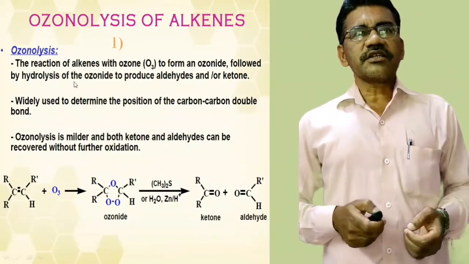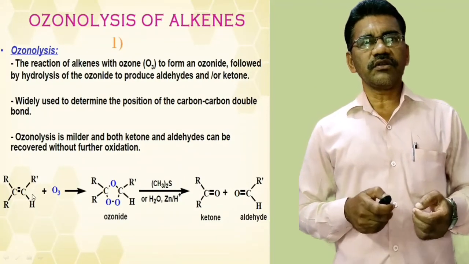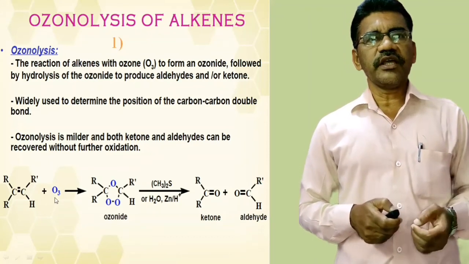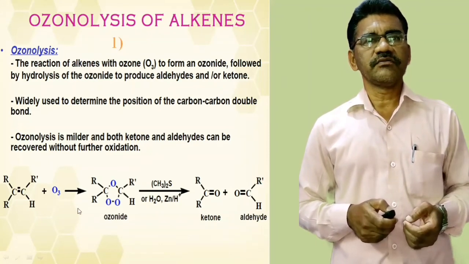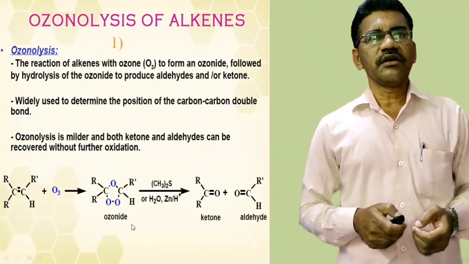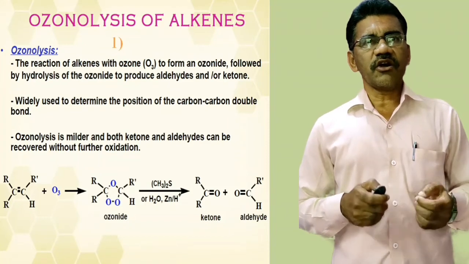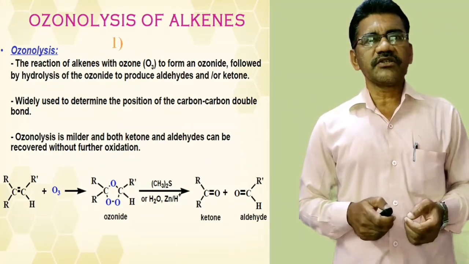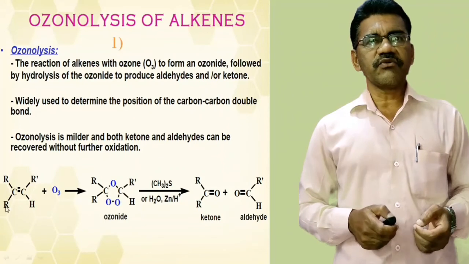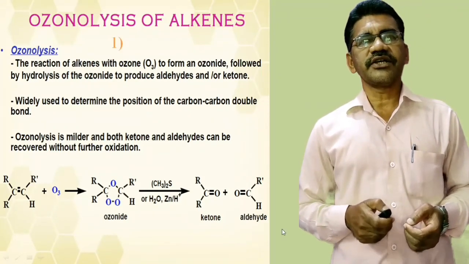Then the next reaction is ozonolysis of alkenes. When an alkene reacts with O3, ozone, it produces first an ozonide, and this ozonide is then oxidized or hydrolyzed in presence of dimethyl sulfide, or H2O, or zinc in acid to produce aldehydes and ketones.